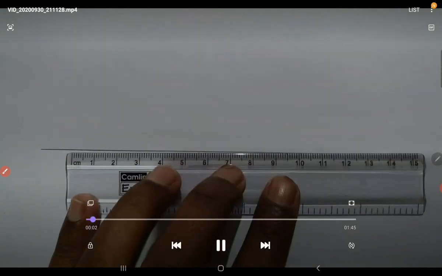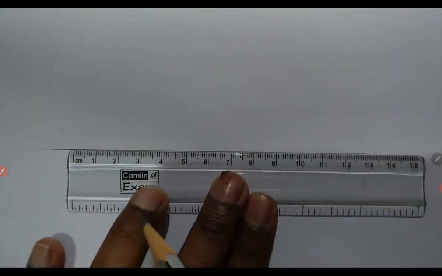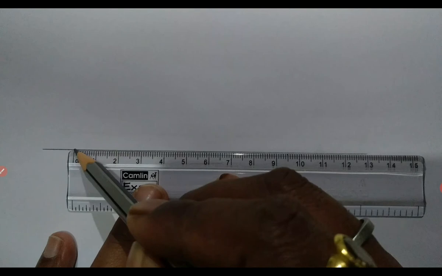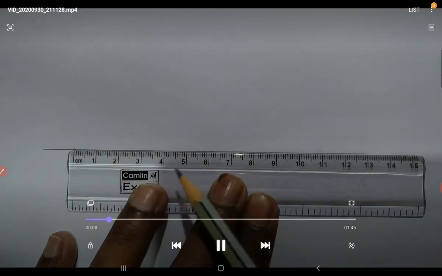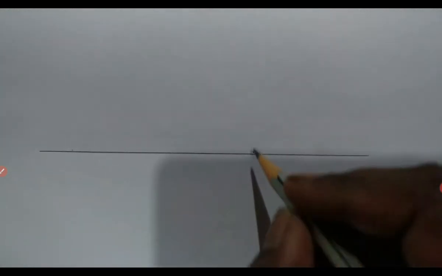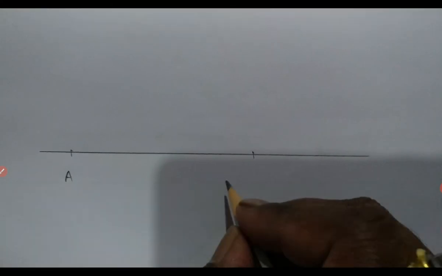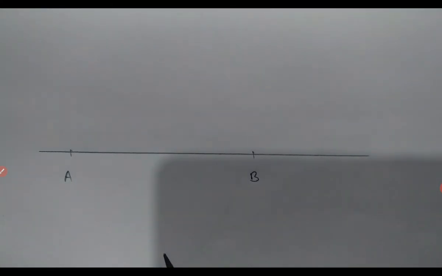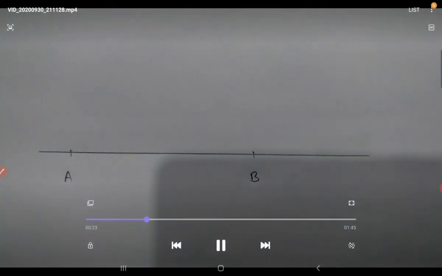Here you can see I'm taking the first mark, the 0 mark, and then I'm taking the 8 centimeter mark. So I marked the first point and the ending point. The first point is represented by A, and the next point is represented by B. This is how we are supposed to draw a line segment.